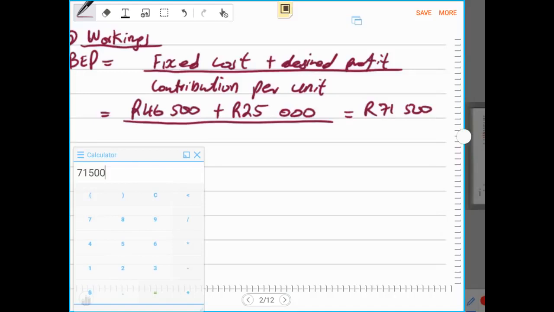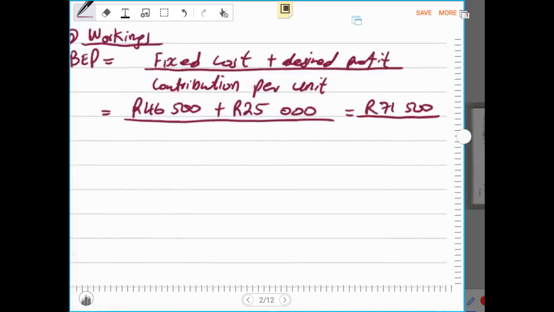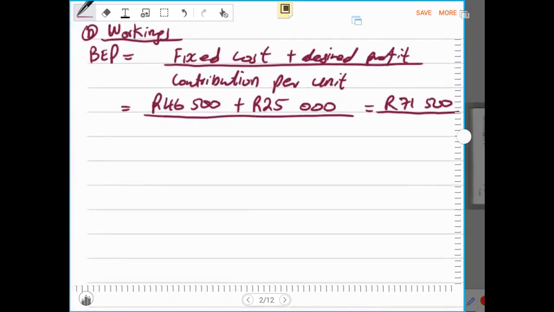So 71,500 will be our total fixed cost added with the desired profit on this investment. Then we calculate our contribution per unit, and we know that contribution per unit will start with our sales.